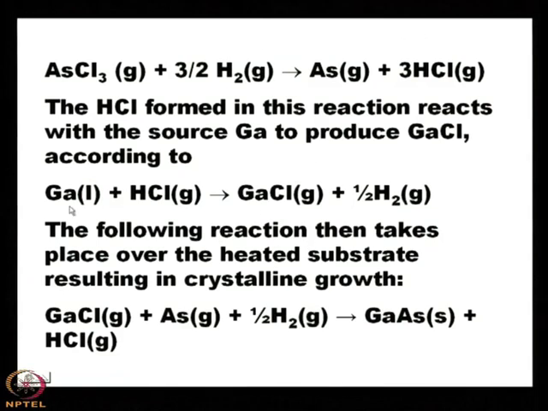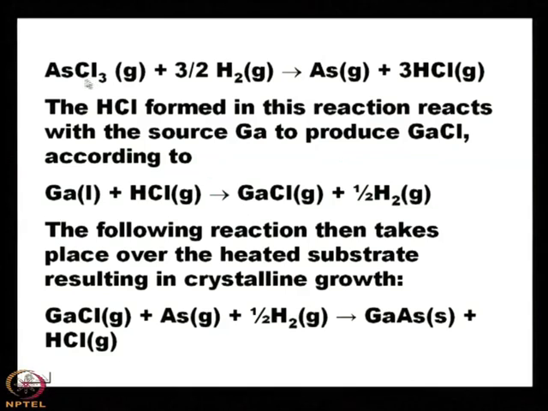So, in this reaction, gallium plus HCl, here AsCl3 is converted into HCl. So, there is a reaction between gallium and HCl. In the hydride process you find that there is no HCl, so we have to make an input of HCl. That HCl gas will react with gallium to form GaCl, and this arsenic comes from the decomposition of AsH3, not AsCl3.